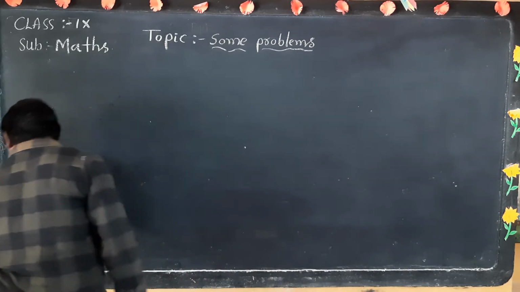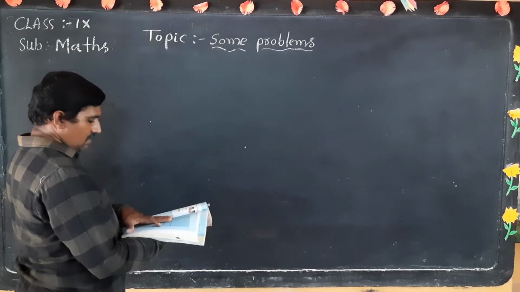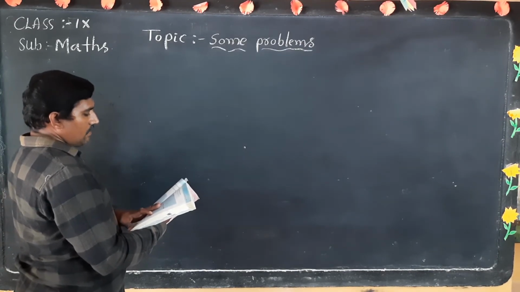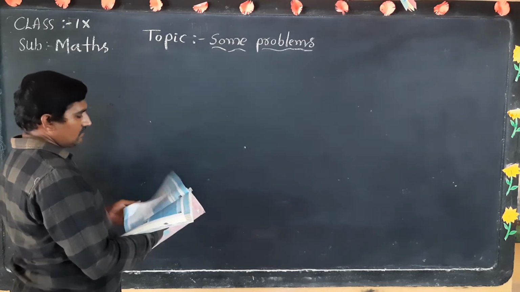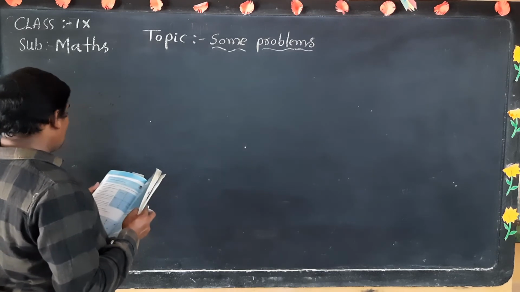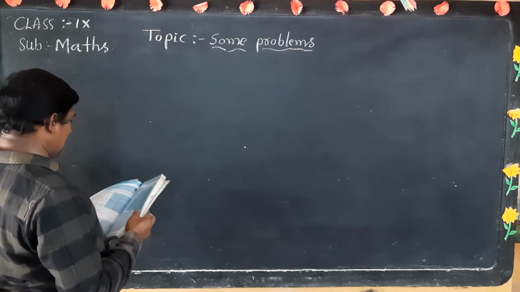And next, see, they gave here: plot the following points on a Cartesian plane.